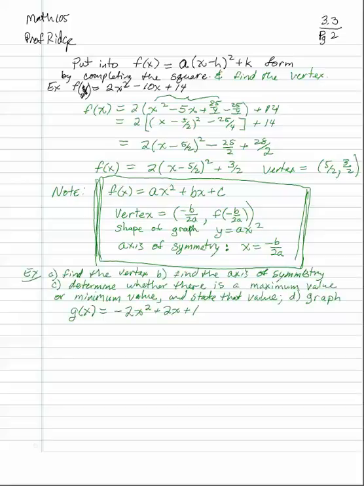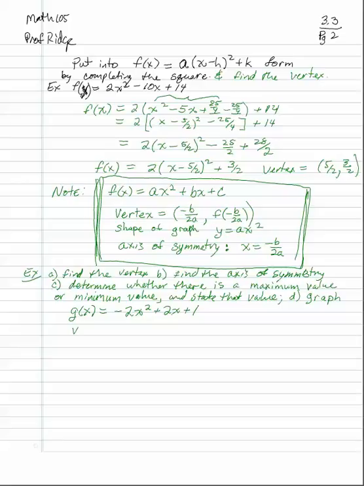Okay, so find the vertex. We've got 4 parts to this question: find the axis of symmetry, determine whether there is a maximum value or minimum value and state that value, and then graph it. Our first thing is to figure out what the vertex is. If the directions were just to graph, I'd have to find the vertex, because that's where I start graphing from.